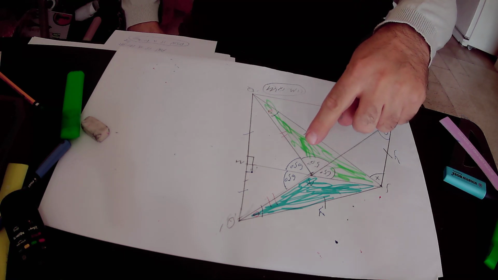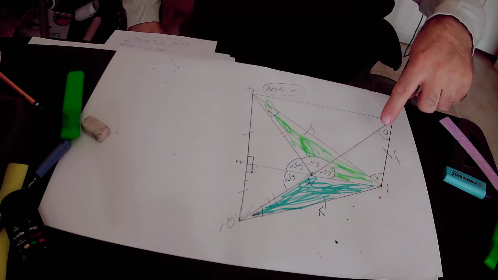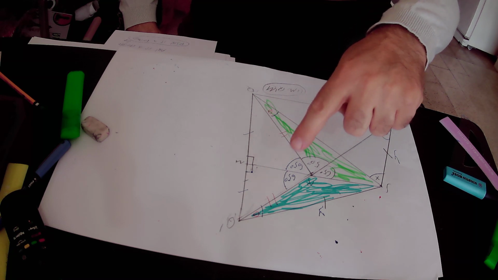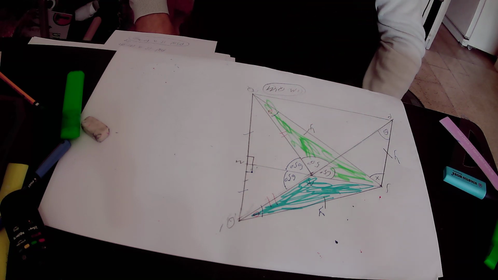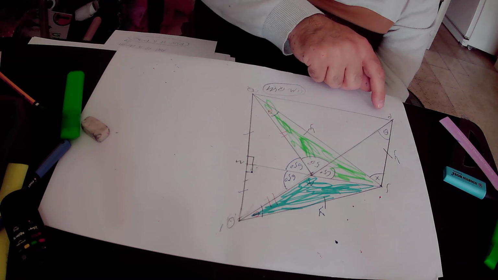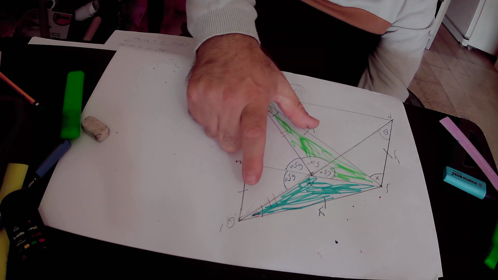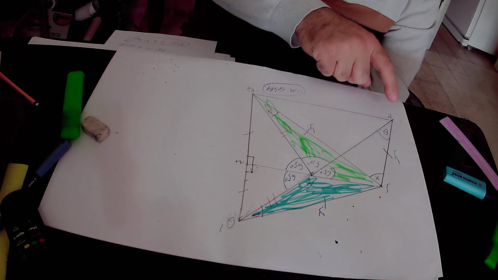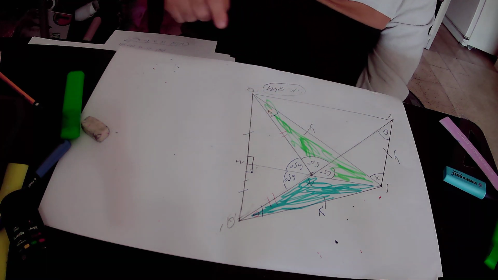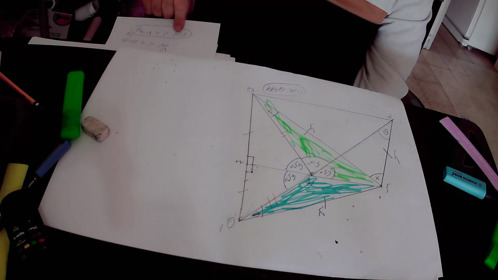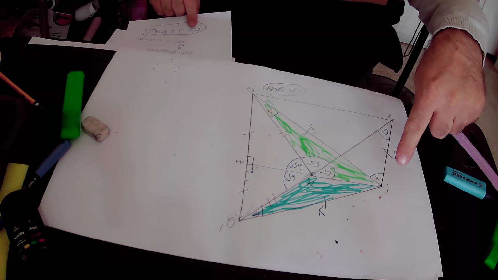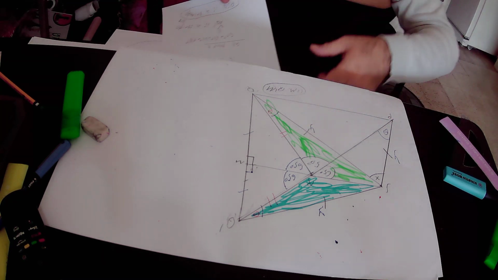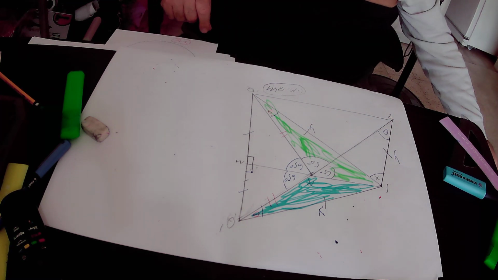So from that fact we can conclude that PQ dash is a straight line. And because PQ dash is a straight line, we can conclude that SPQ dash is a triangle.